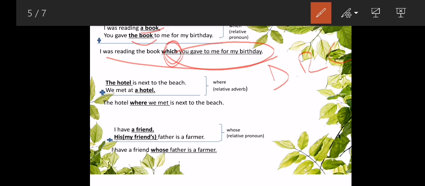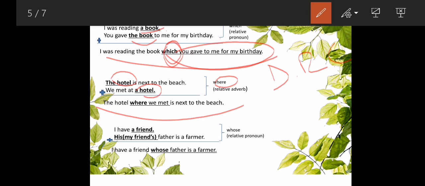Another example. The hotel is next to the beach. We met at a hotel. We have two sentences and we should make one sentence from these two sentences. First of all, which relative pronoun or adverb will we use? We use where. Why do we use where? Because look at the word hotel.